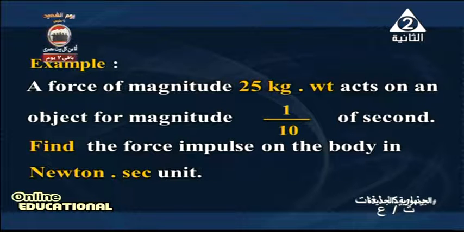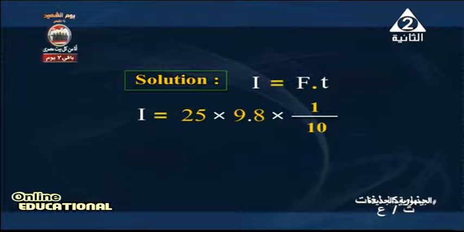Now, impulse I equals F multiplied by t. Then the magnitude of the force F equals 25 kilogram weight. Then we multiply 25 times 9.8 to get the force F in Newton unit, multiplied by the time t equals 1/10 second.